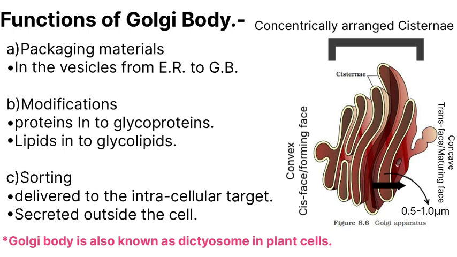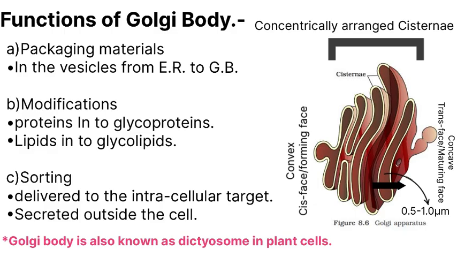Now you know how these proteins synthesized by the ribosomes on the endoplasmic reticulum are modified in the cisternae of the Golgi body before being released from the trans face. And always remember that the Golgi body is the most important site of formation of glycoproteins and glycolipids.